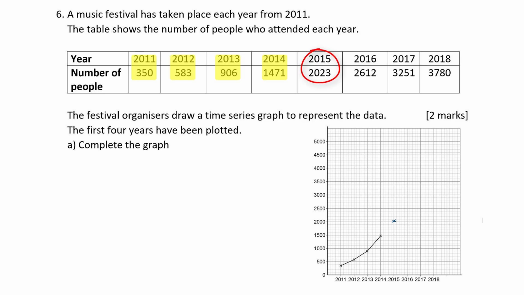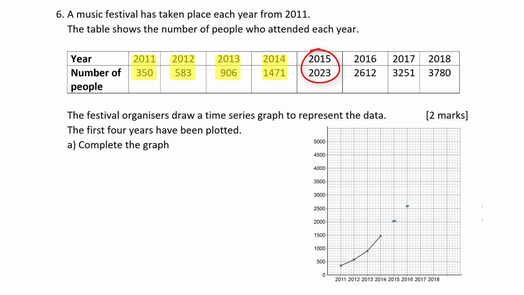The next point, 2016 against 2612. 2500, so one little square above 2500 is going to be 2600, which is pretty much where I'm going to plot that one. And then I've got 2017 against 3251, so I'm going to plot it halfway between the 2 little squares there then.